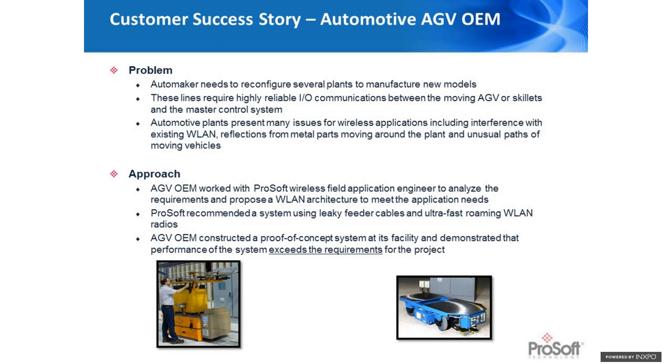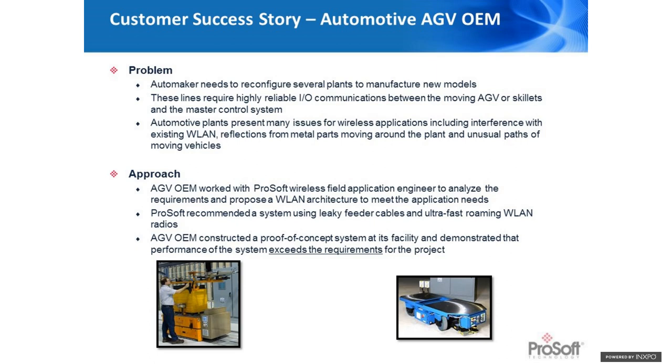This was new for that automaker. And to do that, they really needed very configurable, flexible material handling systems, AGVs and skillets, AGVs to deliver parts to the line, different parts depending on the model they were building, and skillet lines that could adapt to the different models and the different sequence of production.